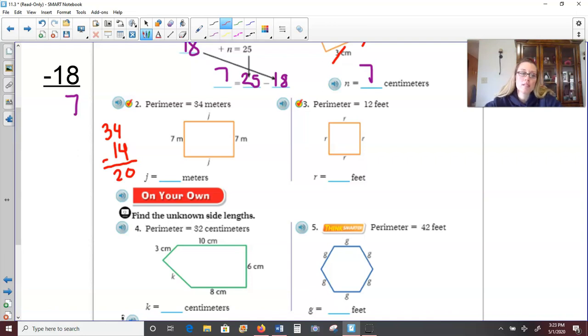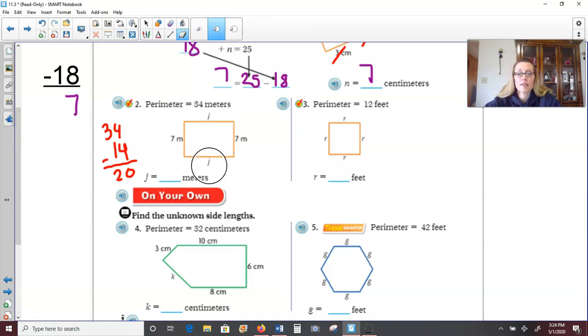What do we get? 4 minus 4 is 0, 3 minus 1 is 2. We get 20, but wait, that does not mean J is 20, because would that make sense, guys, if we said J equals 20? Look, that would be the top and bottom 20, and 20 plus 20 is 40. That is already more than 34.